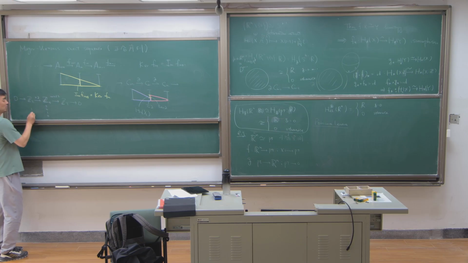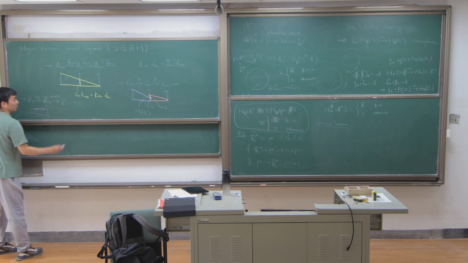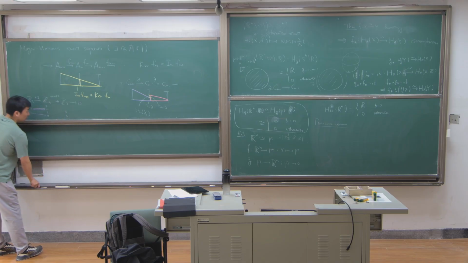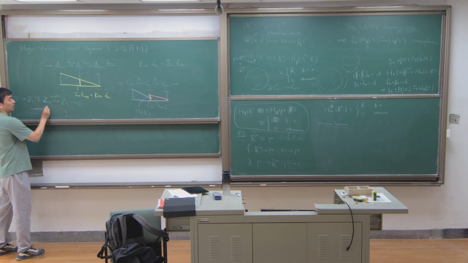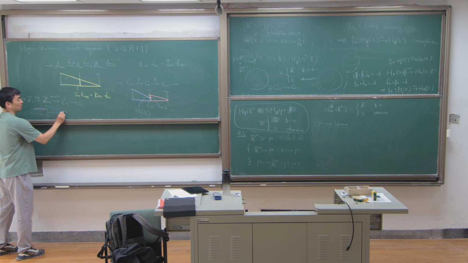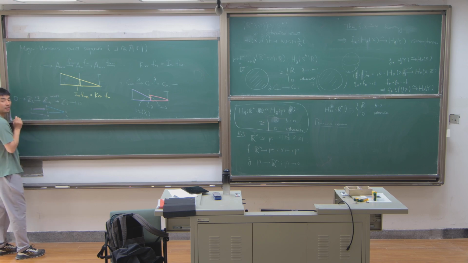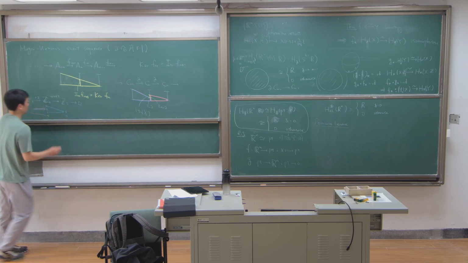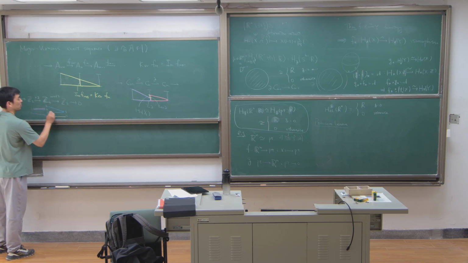This 0 is mapped to 0, 1 is mapped to 2. And here you have 0 and 1. If you take mod 2, then 3 and 1 are mapped to 1, but 0 and 2 are mapped to 0.